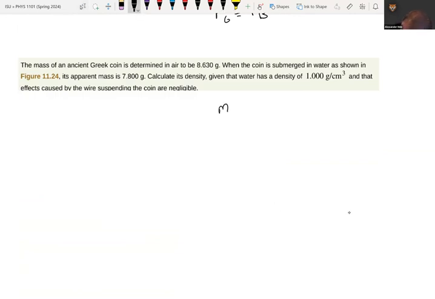Now, I would change grams to kilograms right from the get-go: 0.008630 kilograms, and we're doing 4 sig figs. For the force of gravity, I'm just going to let g equal 10, so the force of gravity is going to be 0.08630 newtons.